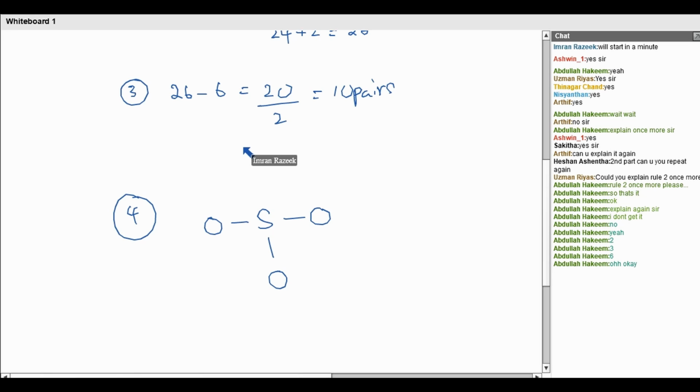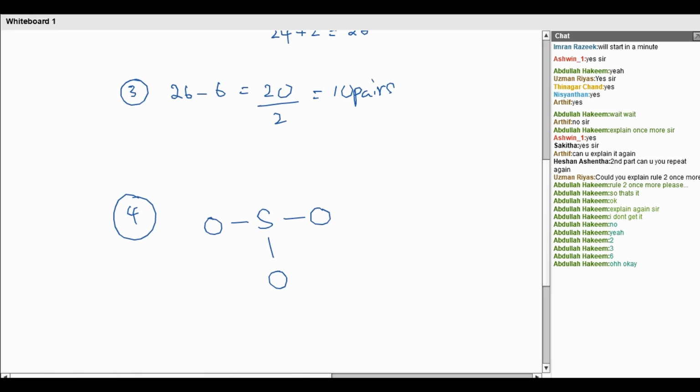What is an octet? The stable outer shell, 8 electrons. Once the terminal atoms receive the octet, which is the maximum number of electrons they can hold, if any pairs remain, you can put them on the central atom. If nothing remains, don't worry, just leave it.